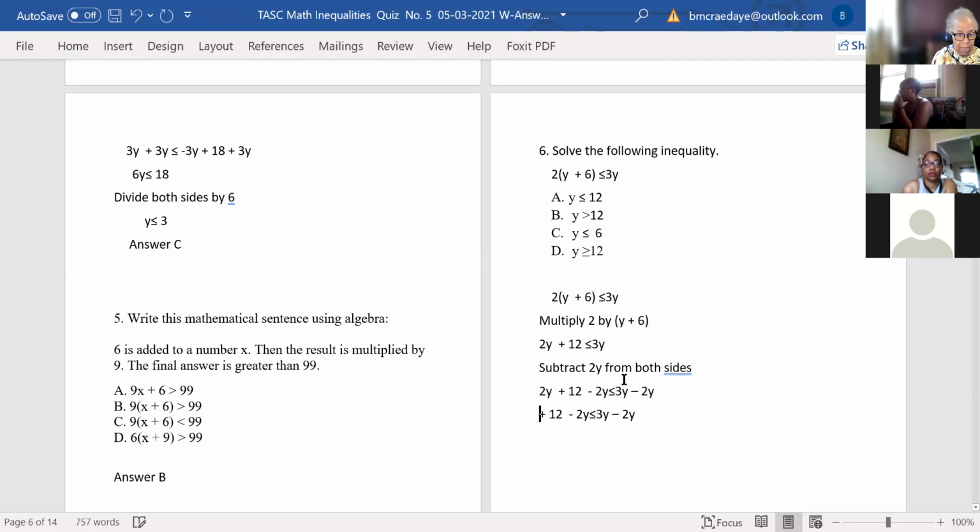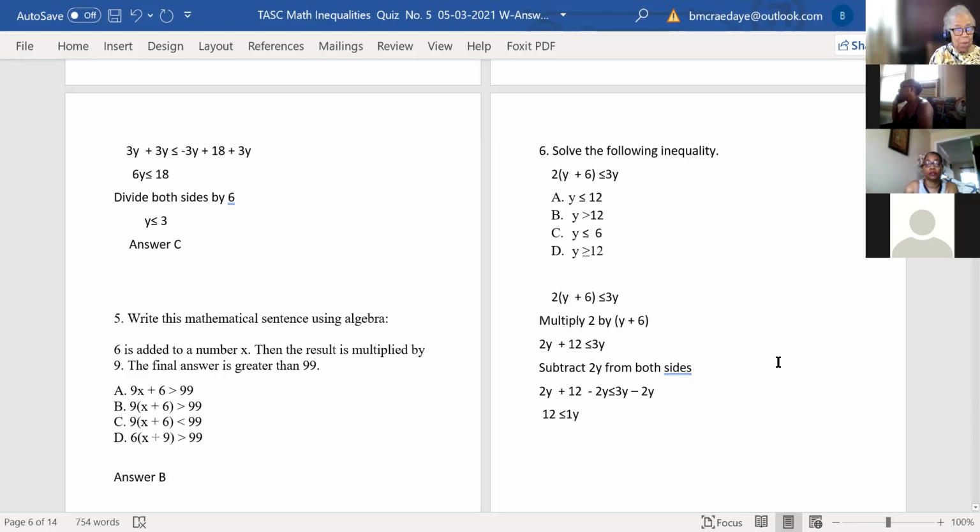Sometimes we say cancel because anything plus minus of the same value is 0. It could be constants, it could be variables, it could be a variable with the constant. Okay, so we have 12 less than or equal. What's 3y minus 2y? Maureen? 1y. So let's just put 1y, or we could just put y, right?